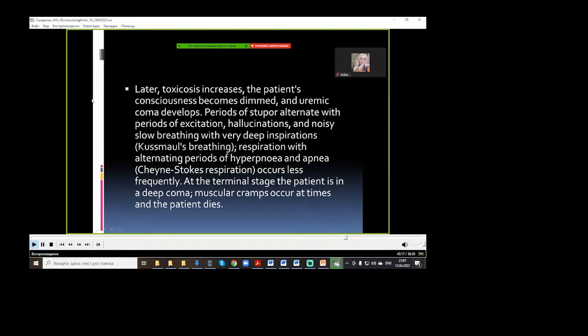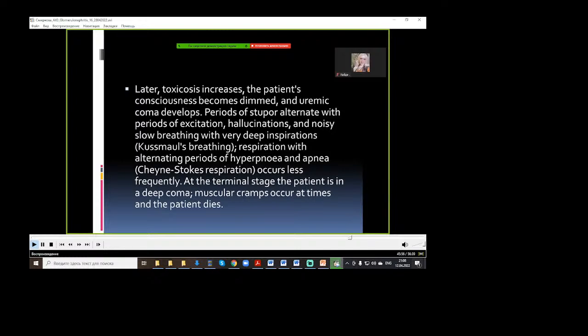Later, toxicosis increases, the patient's consciousness becomes dimmed, and uremic coma develops. Periods of stupor alternate with periods of excitation, hallucinations, and noisy, slow breathing with very deep inspirations, so-called Kussmaul's breathing, or respiration with alternating periods of hyperpnoea and apnoea, which is called Cheyne-Stokes respiration, occurs less frequently.